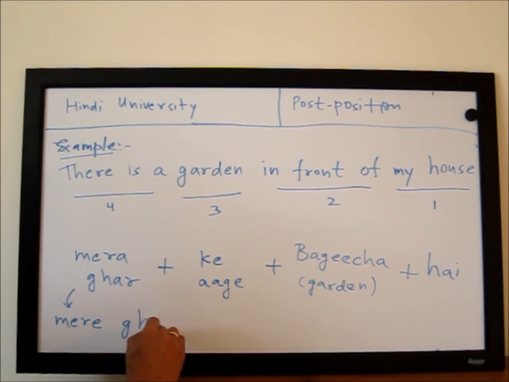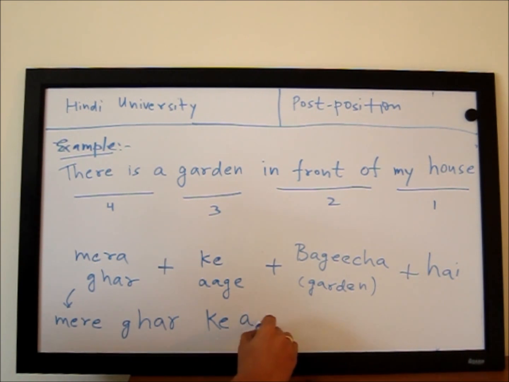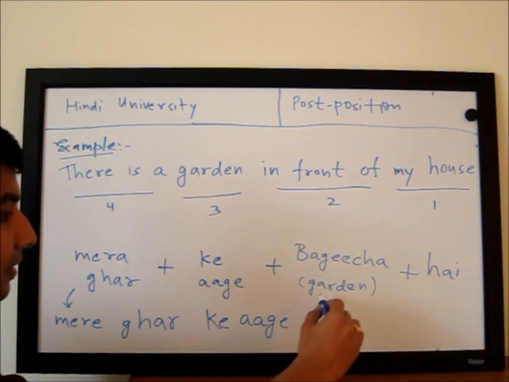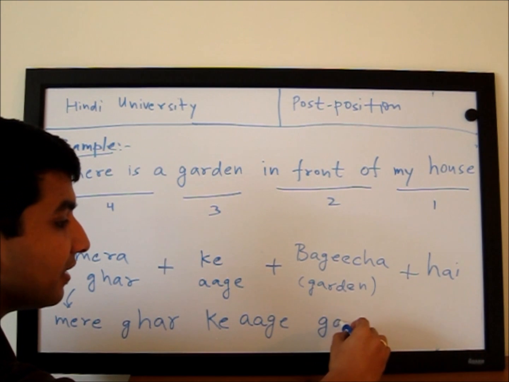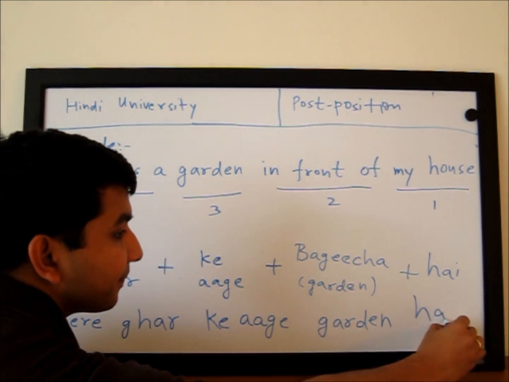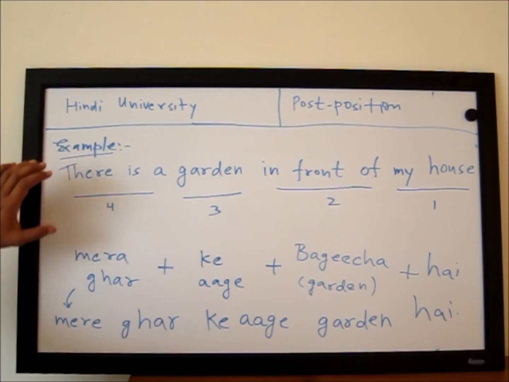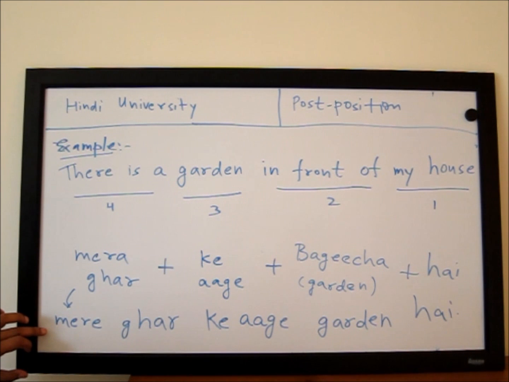So mere घर के आगे बगीचा, or you can just say garden, है. Easy, right? We just simplified the entire sentence into Hindi.